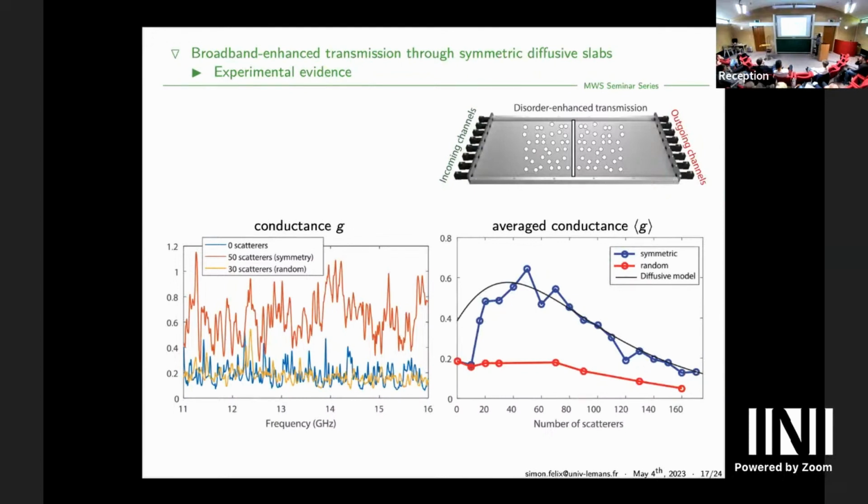We compare with the diffusive model, which is the empirical model I showed before, but accounting for losses. And we see that it fits quite reasonably with the measurement, and globally we have the same trend. So with this experiment, we have evidence in this experimental system.